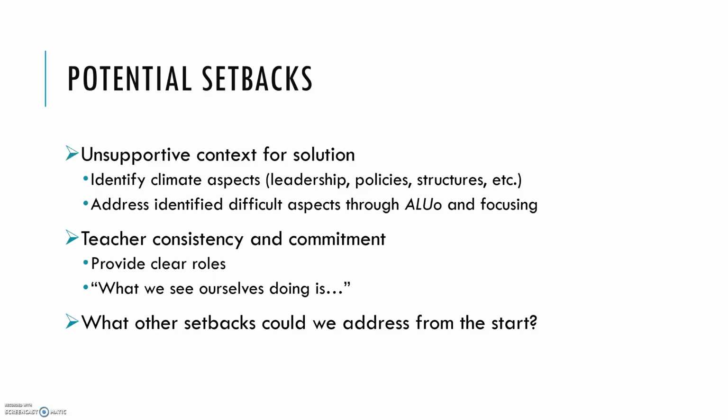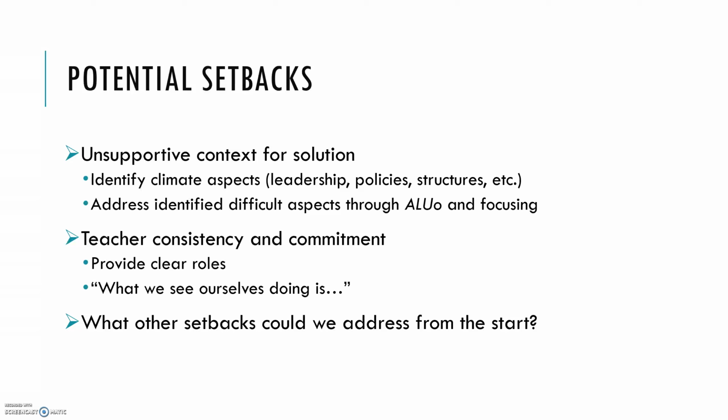Some potential setbacks that we do face working with classroom management is an unsupportive context. We might not have the right environment physically, which is why we're looking at maybe doing something portable. We have to take into account those things. Our classroom furniture is constantly being moved around, so that could potentially be an unsupportive context.